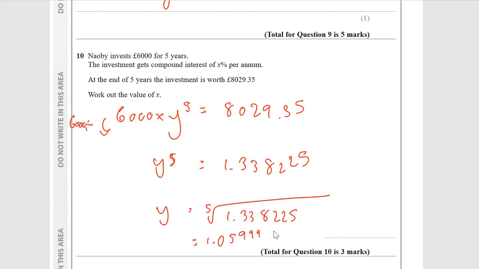I'm going to leave it at that. So that means that X is 5.99%. So I'm just going to say 6%. So that's the value of X, 6%.